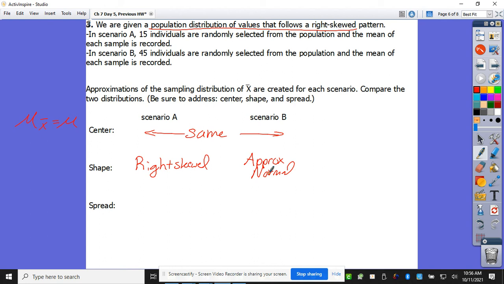What's going to happen with my spread? The spread for this one is going to be what in relation to the spread from scenario B? This one is going to be bigger than that one. How much bigger was my population size or my sample size? 3.